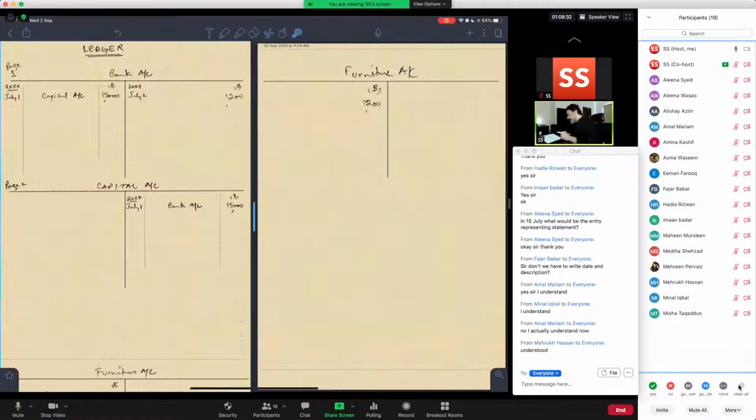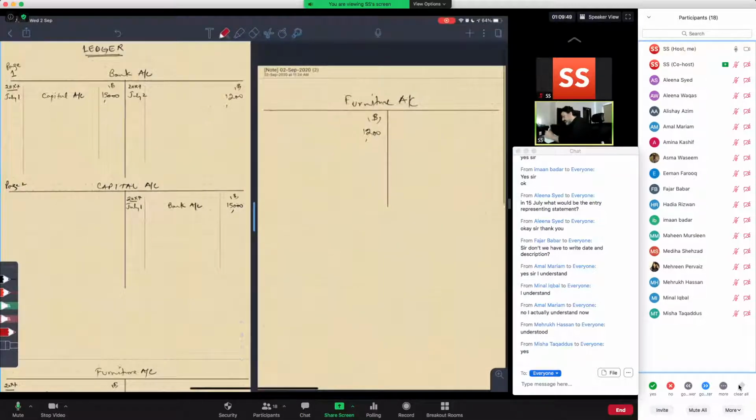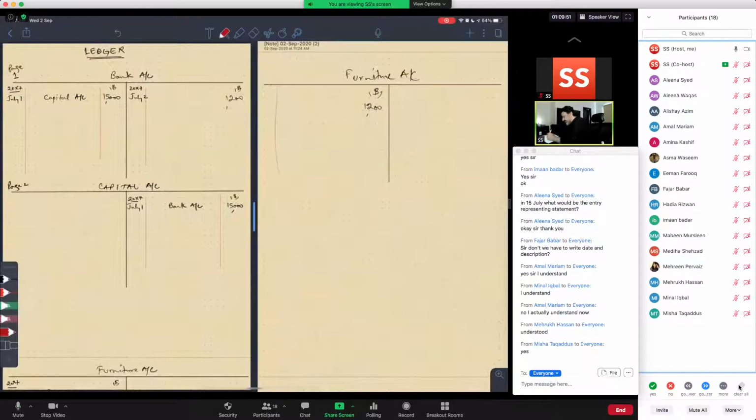Understood. Okay. The next step is to put the dates. Dates are simple. You choose the date side either. You do understand that there is a column that exists here. We don't draw it, but this is the date column here on the extreme right hand side, right? You put the date here.